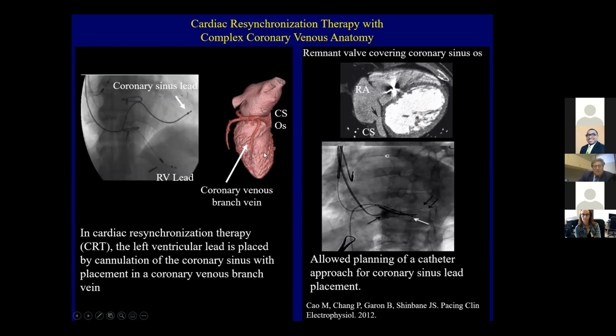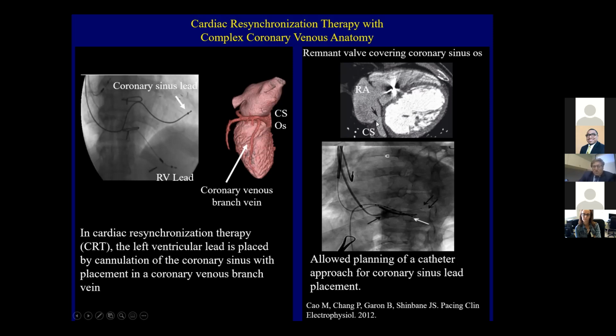So you're not pacing from inside the left ventricle, you're pacing from a vein on the outside of the left ventricle. And again, it allows you to pace both the left and right ventricle at the same time, which allows for them to activate the ventricles synchronously and can help guide these procedures.